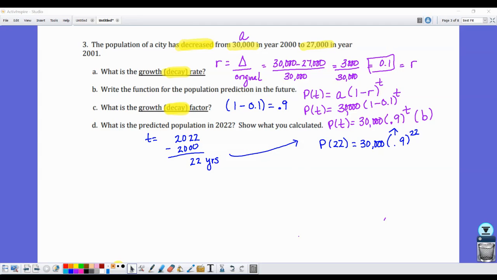The population in 22 years would be 2,954 people, if that's going to continue to drop at the same rate. Okay, and that was our decay problem. If you need to catch up on your notes, go ahead and pause the video. Otherwise, let's go ahead and move on and we'll get you set up to solve the next problem.